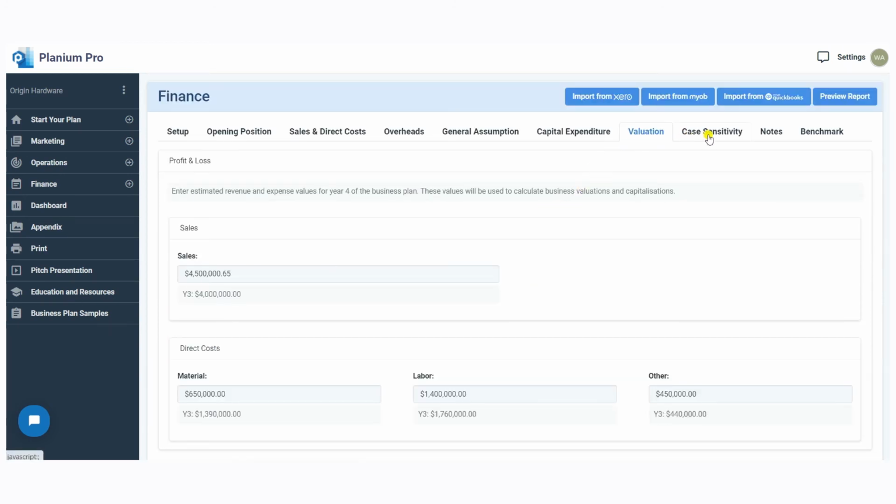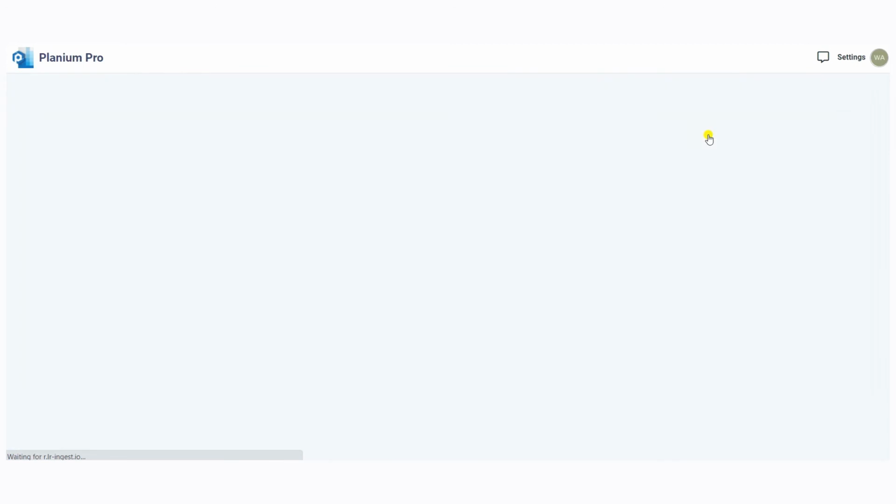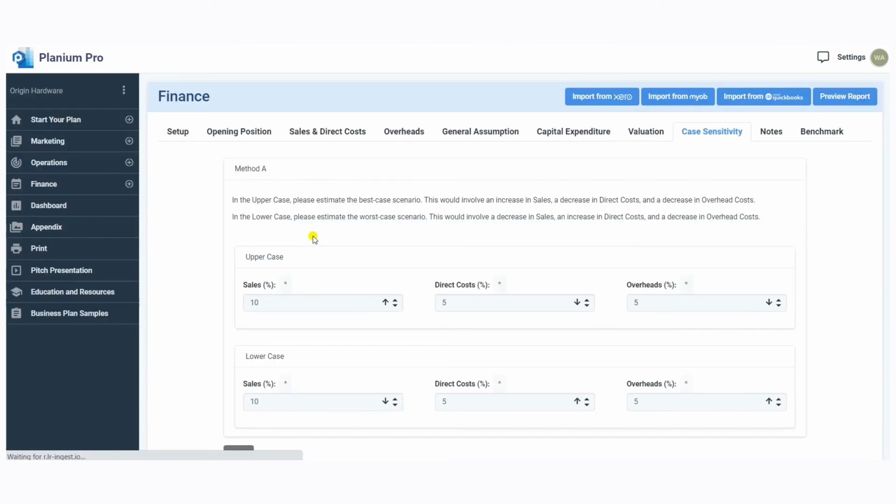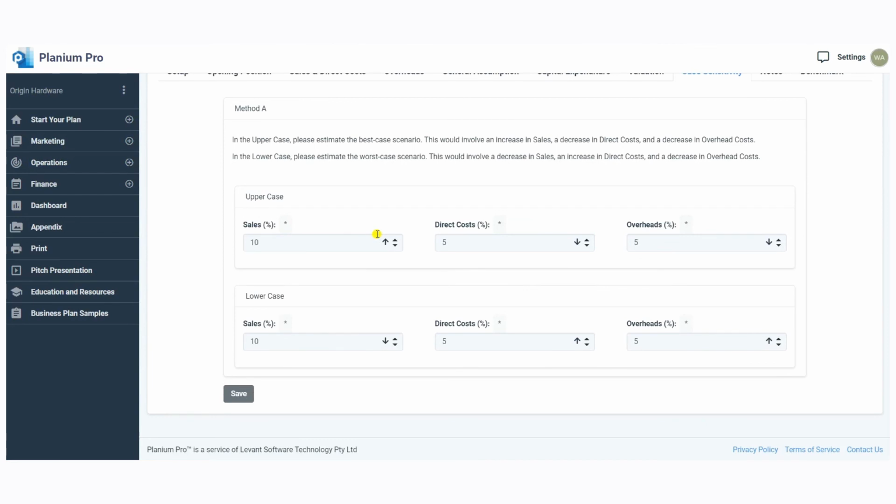Moreover, now we can perform case sensitivity by modifying assumptions and creating various operating scenarios using the profit and loss statement, method A, or balance sheet, method B. Remember that in the upper case, estimate the best case scenario. This would involve an increase in sales, a decrease in direct costs, and a decrease in overhead costs.